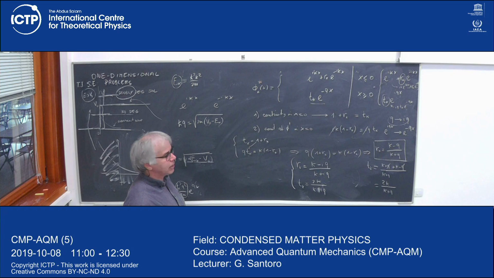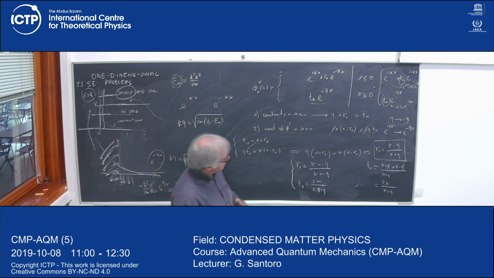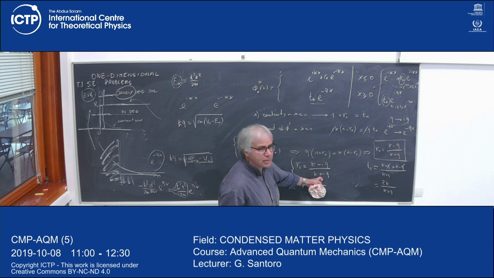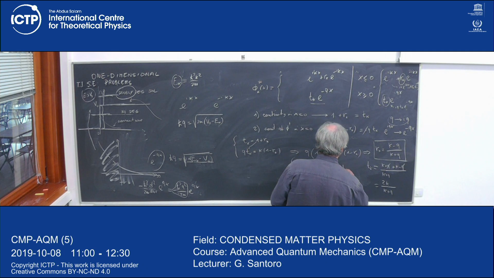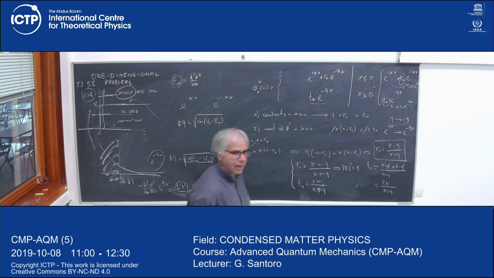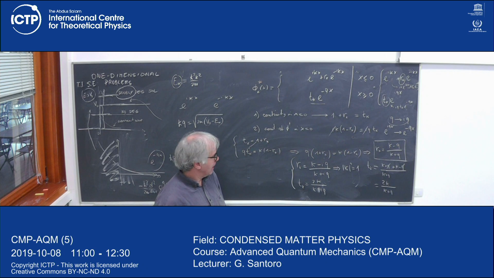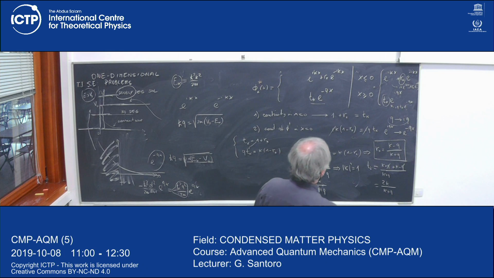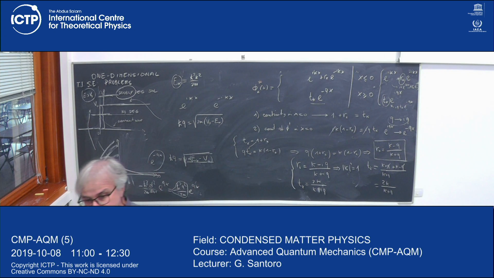One thing that you should observe, however, is that now this is a complex number divided by its complex conjugate. So somehow rk now modulo square is 1. And we'll comment on Tuesday, finishing this exercise, on why you are obtaining a reflection coefficient whose amplitude is exactly 1.